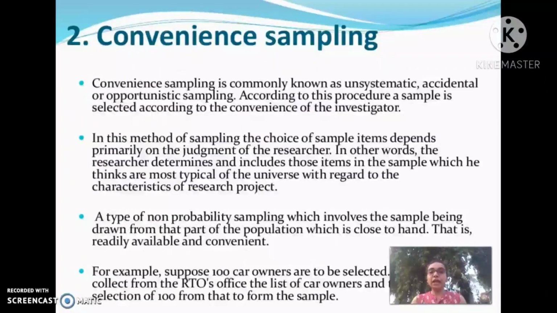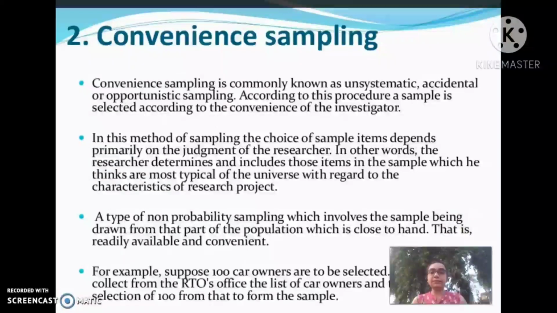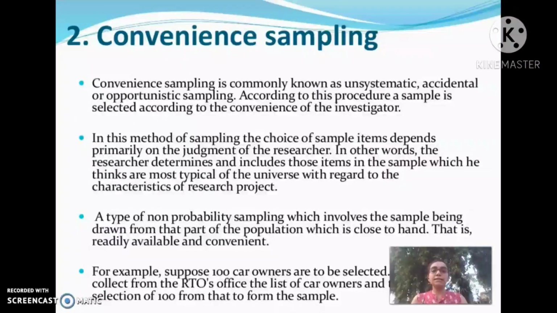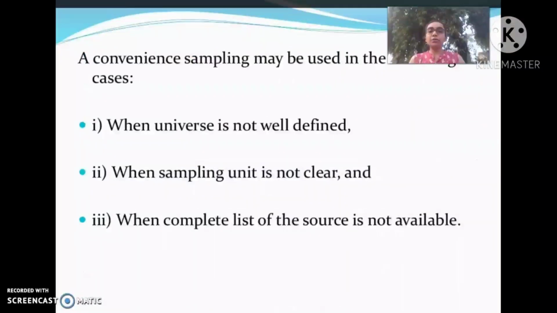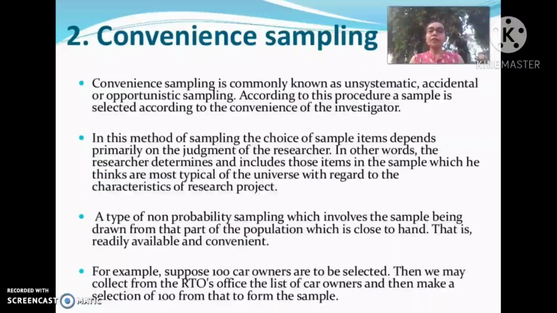If we see the convenience sampling method, convenience sampling is commonly known as unsystematic, accidental or opportunistic sampling. According to this procedure, a sample is selected according to the convenience of the investigator.